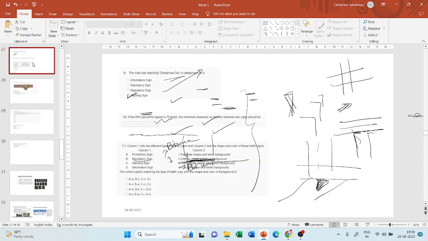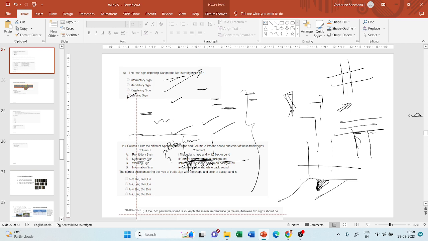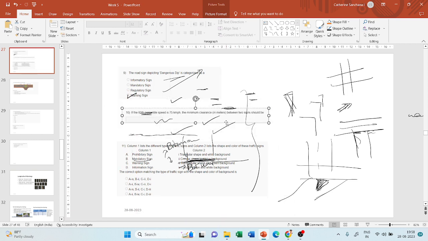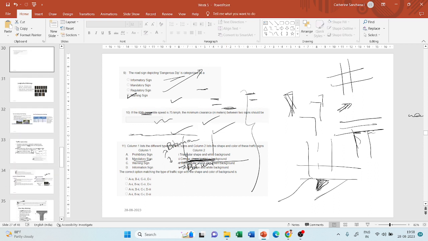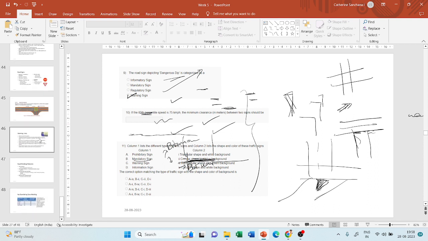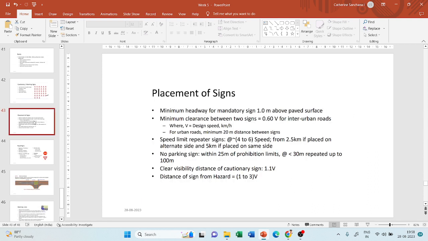So moving on to the next question. If the 85th percentile speed is 75 kilometers per hour, what is the minimum clearance between two signs? We did not see placement of signs in detail, but there's a criterion for minimum clearance between two signs, given here: 0.6 times V, where V is in kmph.